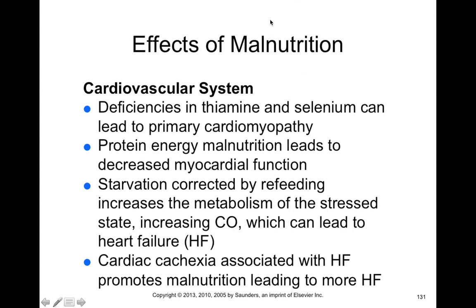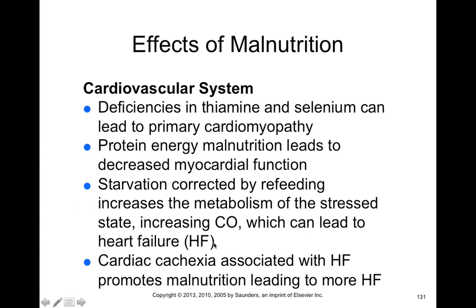Now, in terms of malnutrition on different organ systems, the cardiovascular system is really sensitive to deficiencies in things like thiamine and selenium that can lead to cardiomyopathy. Protein malnutrition can lead to myocardial infarction, and starvation can be corrected by refeeding. But what's interesting is that if you refeed someone too quickly who's been in a starved state for too long, it can lead to physiological damage to their body.